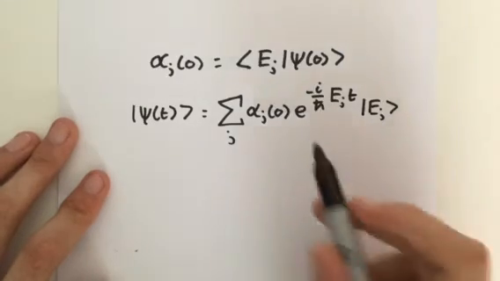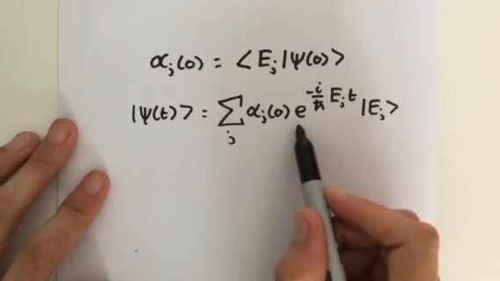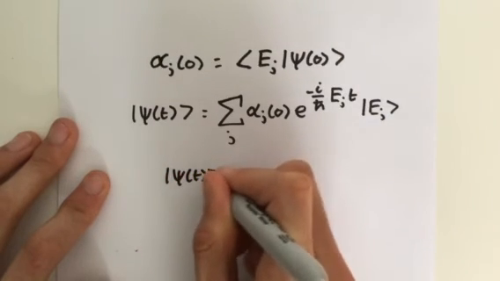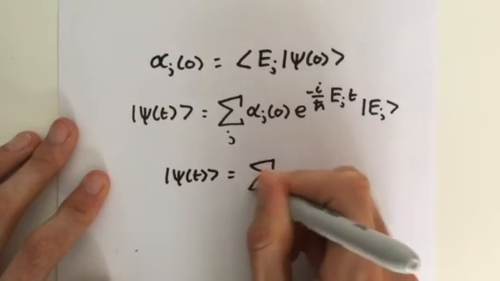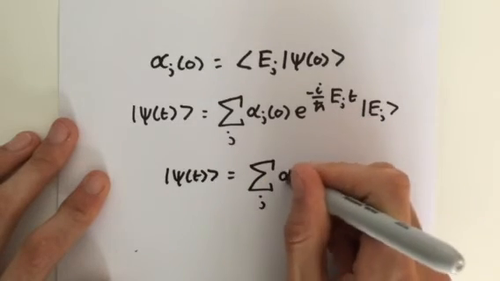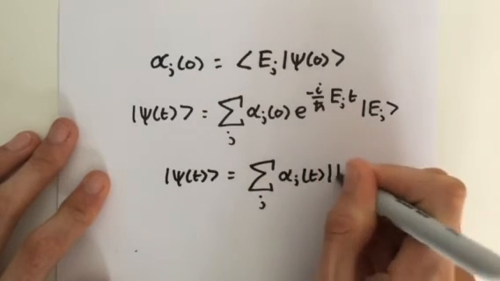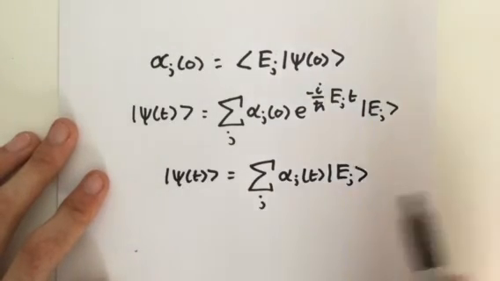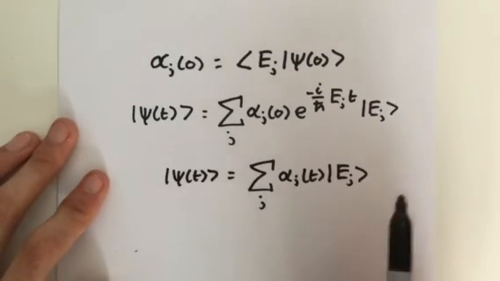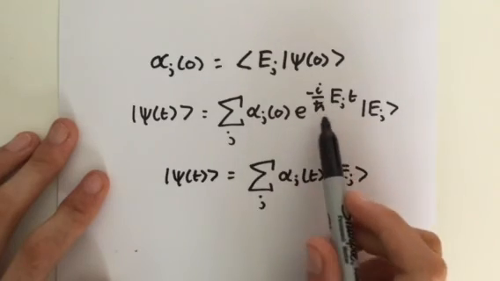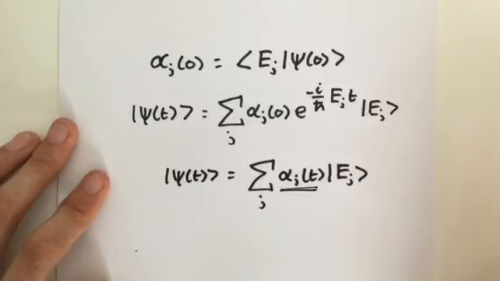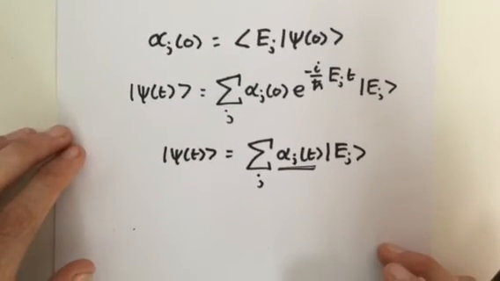If you remember, this is the solution to the differential equation. As you remember, before we wrote alpha_j(t) E_j. So all we're doing is simply substituting alpha_j(0) e to the minus i over h bar E_j t for alpha_j(t), as we saw in the solution to the differential equation. That's all we're doing.